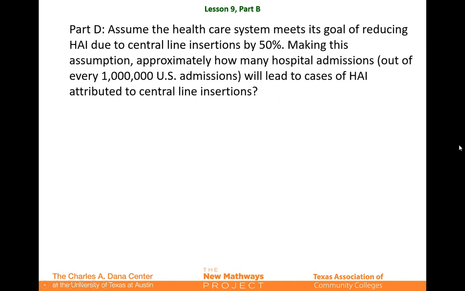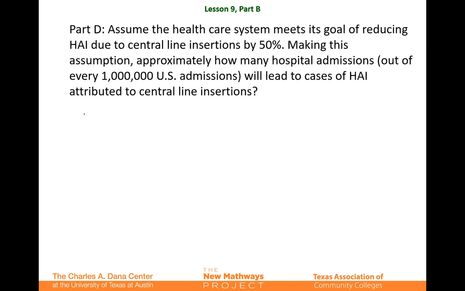Part D, assume the healthcare system meets its goal of reducing hospital-acquired infections due to central line insertions by 50%. Making this assumption, approximately how many hospital admissions out of every 1 million U.S. admissions will lead to cases of HAI attributed to central line?